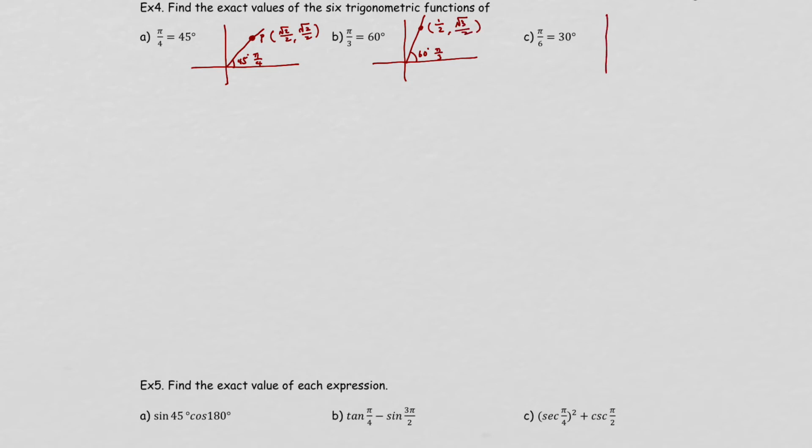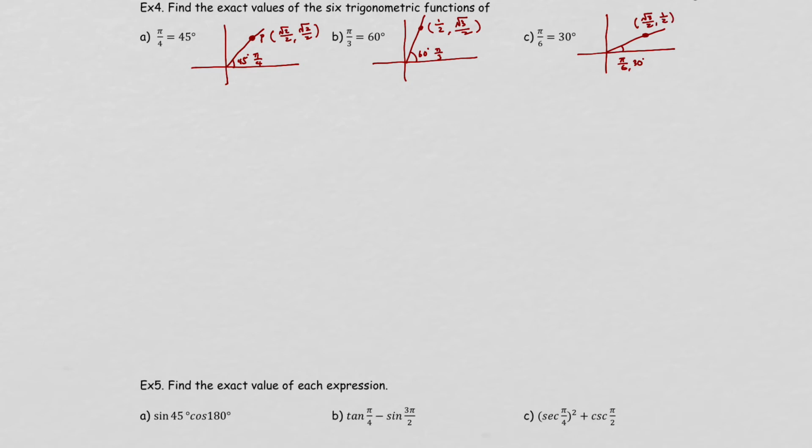This one, 30 degree or pi over 6. That point, this is what? Pi over 6 or 30 degree. This point, you're going to have square root of 3 over 2 and 1/2.